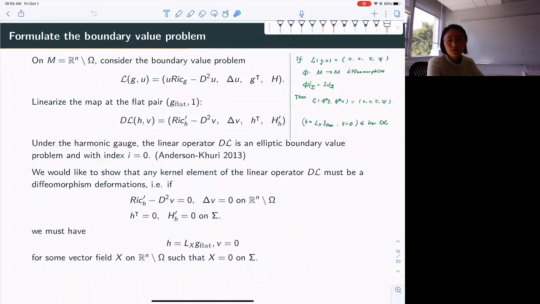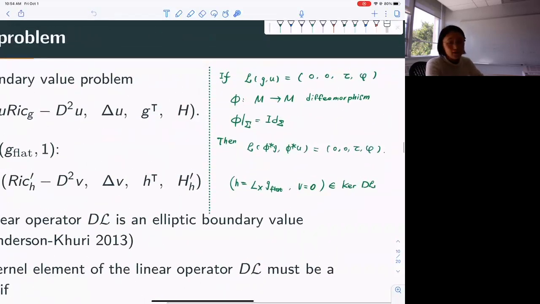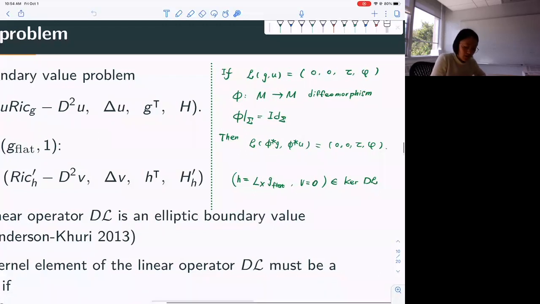However, this is not true, with a simple observation here. The static vacuum property is invariant under diffeomorphisms, which means that if (g, u) is a static vacuum pair, so that L of (g, u) is equal to 0, 0 in the first two components and equal to tau and phi for some boundary data, then we can consider an arbitrary diffeomorphism of M to itself that is the identity on the boundary, and take the pullback of the pair via this diffeomorphism.